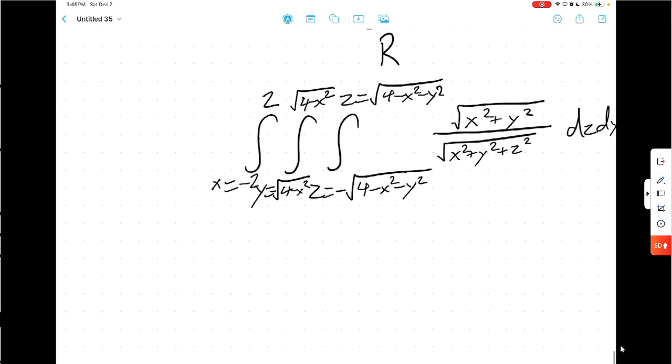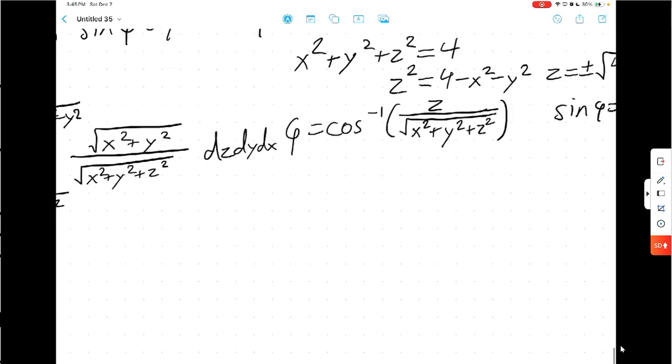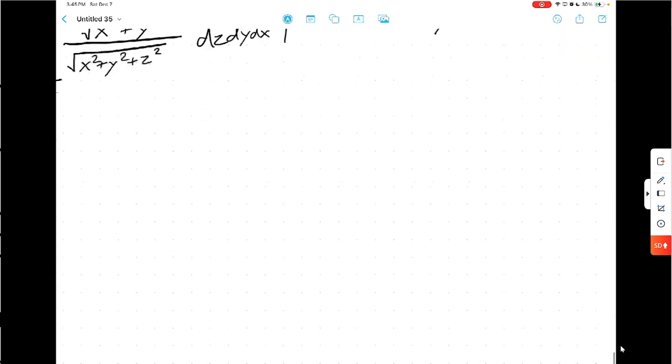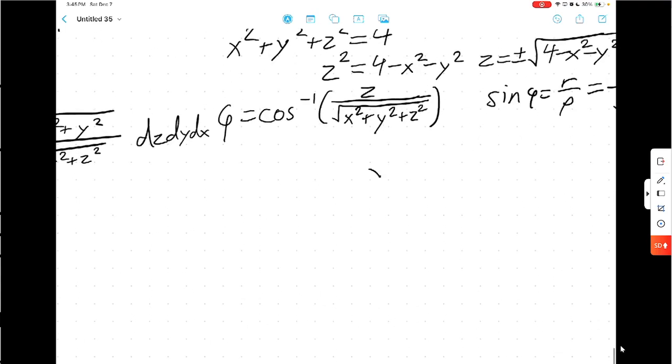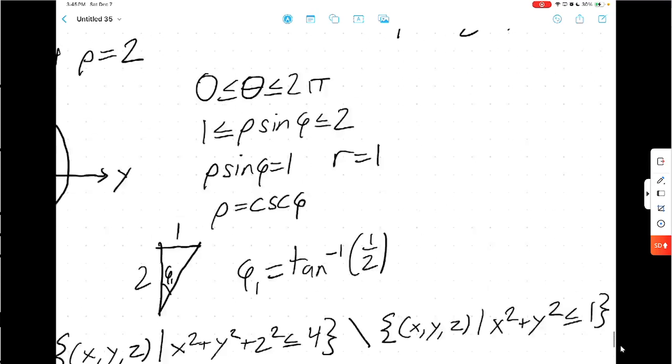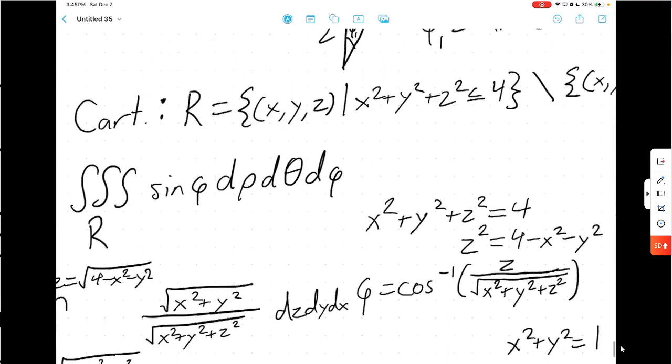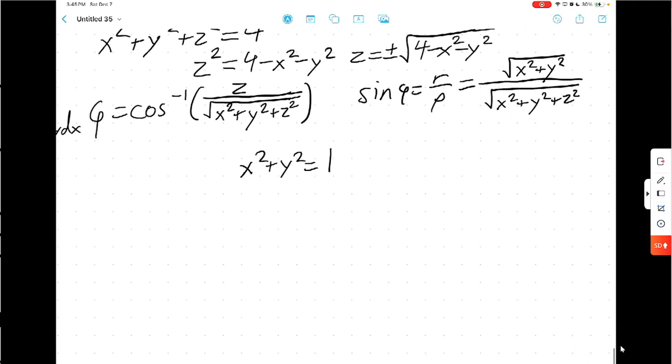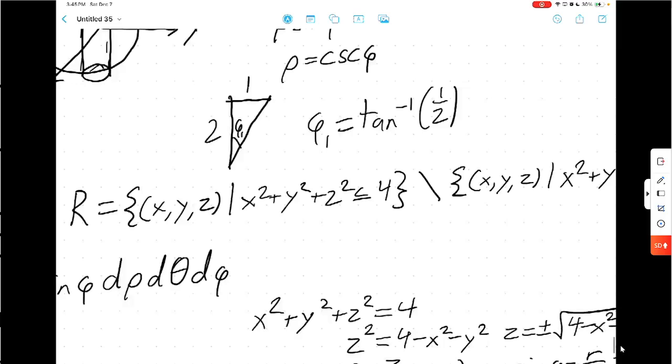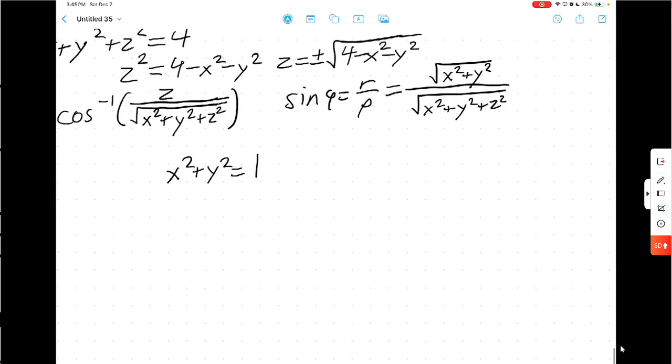And then we have to subtract out the cylinder, which is defined as x squared plus y squared equal to 1. For this z, we're going to have to find the intersection between the sphere and the cylinder.